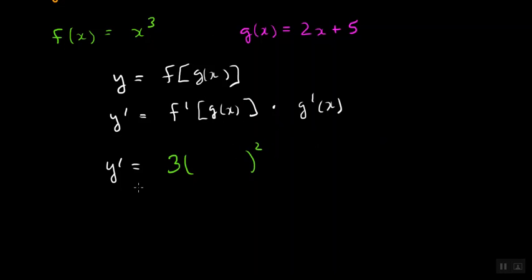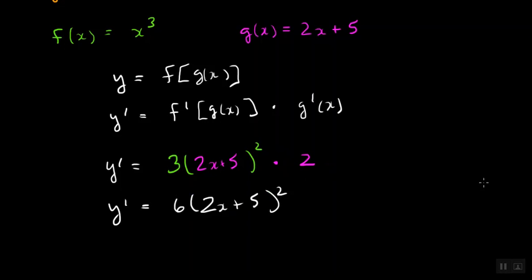And don't forget, our g of x has to be trapped inside still, 2x plus 5. And then we're going to multiply that by, still in pink, the derivative of g of x, which is just going to be the derivative of 2x plus 5. And of course, we get the same answer and pretty much the same approach. I'm just trying to demystify common ways the chain rule is written in your calculus textbook.